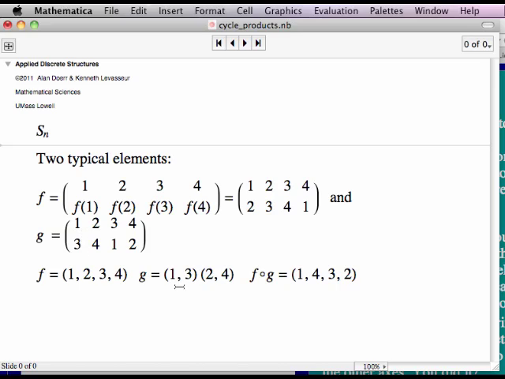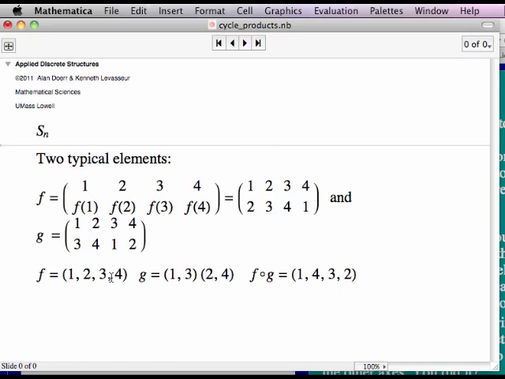Here the image of 1 is 3, but then the image of 3 is 1, so that's a 2-cycle. That's closed off. And then we look at 2. 2 has image 4, and 4 has image 2. So g is a product of 2 transpositions, permutations of length 2, or cycles of length 2, whereas f is a cycle of length 4.